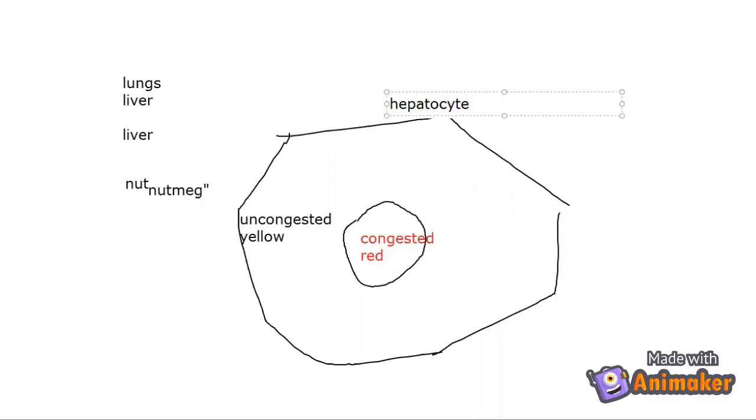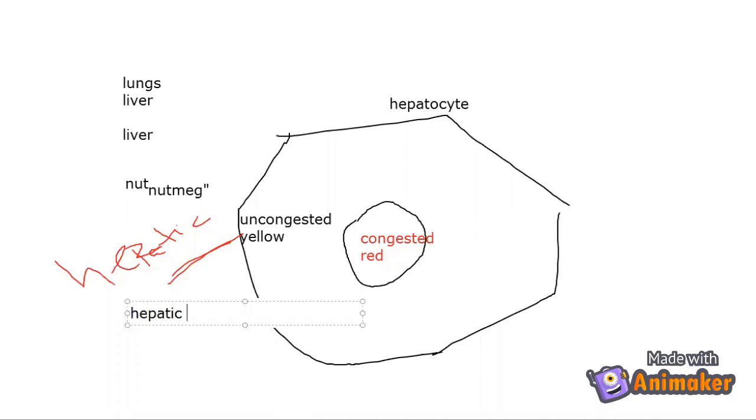Again, why is the periphery uncongested? Because you should know that the peripheries are closer to the hepatic arterioles. So it is receiving extra blood supply from the hepatic artery. The center is congested and red, and it may lead to necrosis as well.